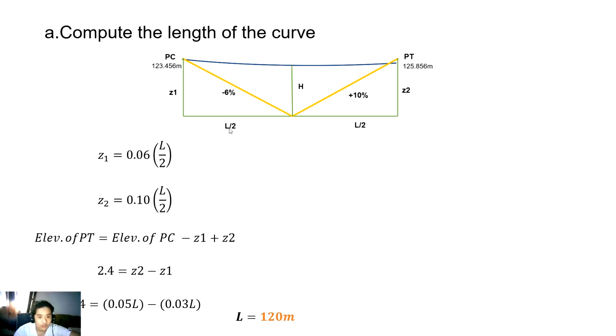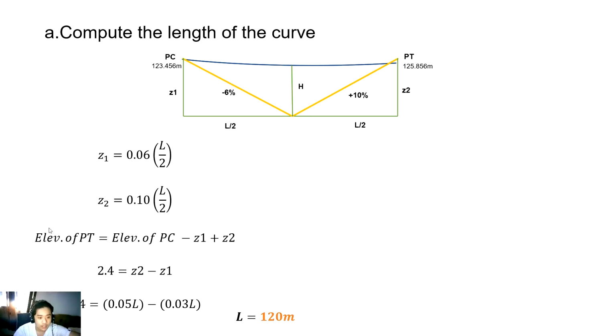Then, yung sa Z2 naman, which is itong another triangle, 0.10 times L over 2. So, ngayon, wala pa tayong L. So, una natin hahanapin para ma-solve natin ang Z1 at Z2, hanapin muna natin yung L.